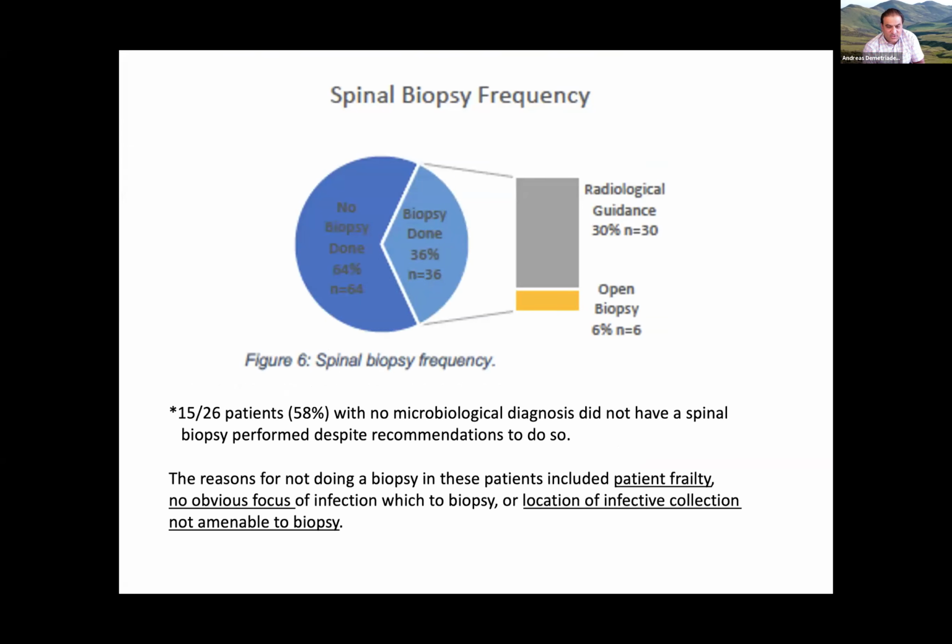So surgical procedures, but not treatment. In other words, diagnostic biopsy, and that included a CT-guided radiological biopsy or a surgical biopsy. And you can see here that no biopsy was done in 64% of cases.